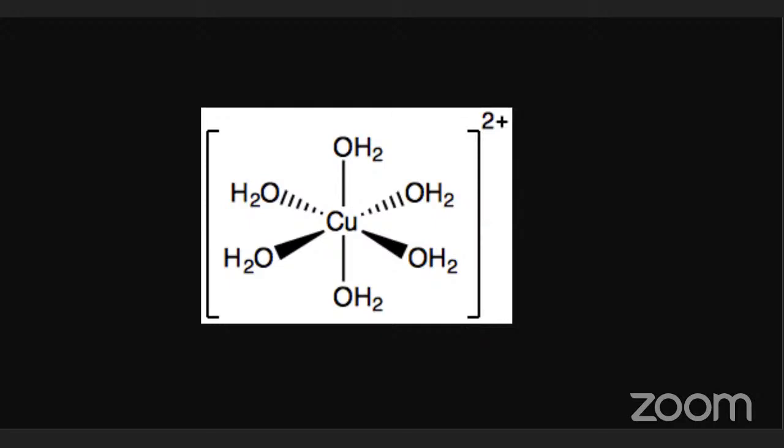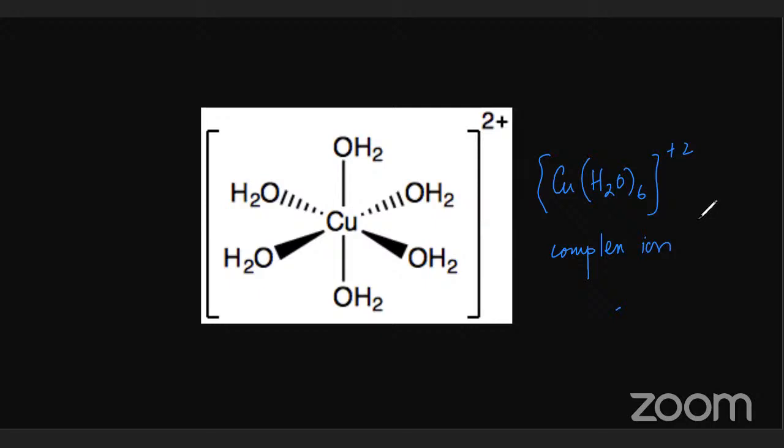Complex ions are written in square brackets. So for example, you're going to write copper with 6 water molecules, and you'll put a square bracket around it. That would indicate the net charge on the ion, which is going to be +2. So the square bracket thing is a complex ion that is formed.